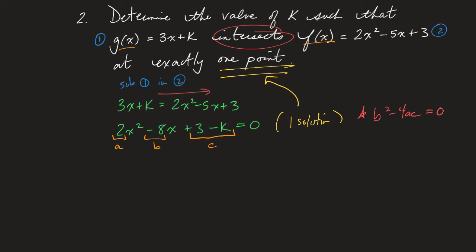So I'm going to take all those values and I'm going to sub those into the discriminant. So I am now calculating negative 8 squared minus 4 times 2 times 3 minus k, and I know that that discriminant has to equal 0 in this instance for my one solution.